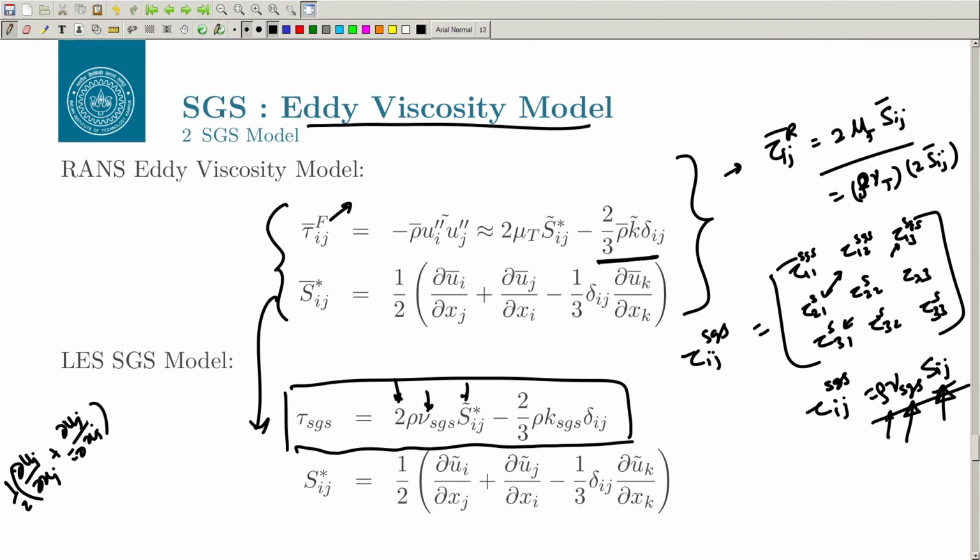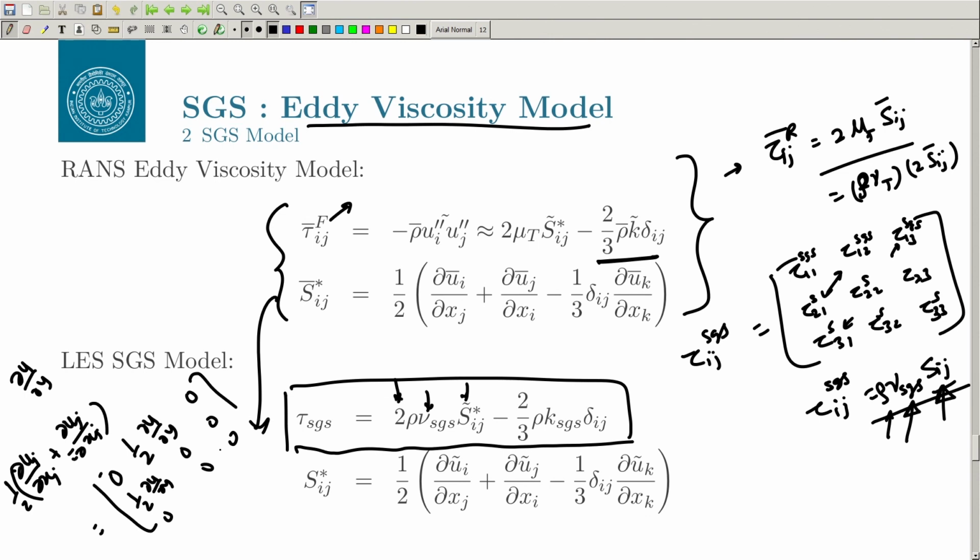For a simple shear flow, where the only variable you have is del u by del y, you will have two places where it comes as half. So, this is 0, half del u by del y, 0, and then half del u by del y, and all other terms will be 0. This is how it will look.